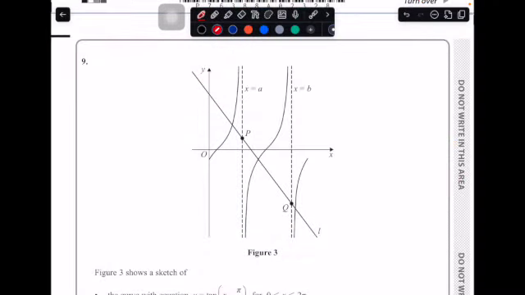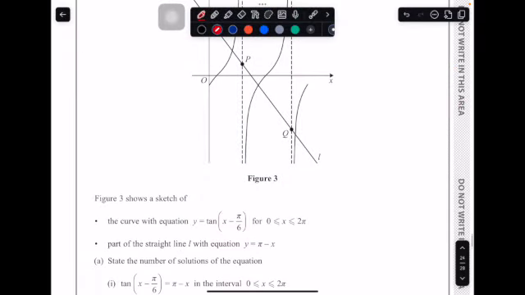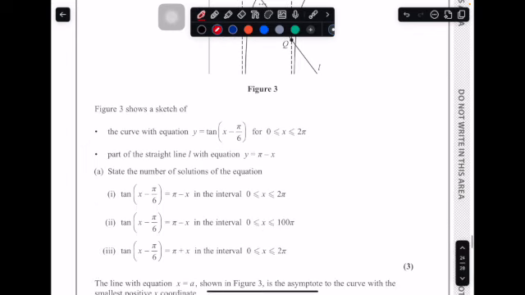Going to number 9. Apparently we have the tan function. The curve with equation y equals tan of x minus pi over 6, where x is between 0 and 2 pi, and part of the straight line with equation y equals pi minus x. State the number of solutions of the equation tan of x minus pi over 6 equals pi minus x.